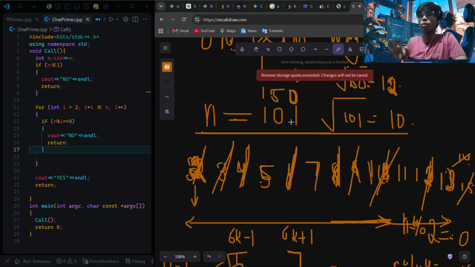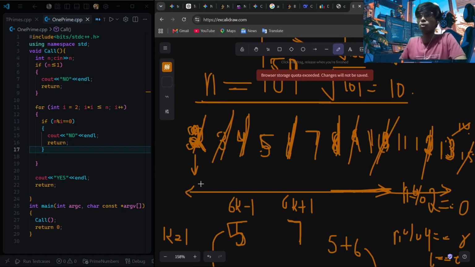So we will start from 2 and check with 2, 3, 4, 5, 6, 7, 8, 9, 10, till 10. But one thing we know is that if any number is not divisible by 2, then that number is also not divisible by 4.